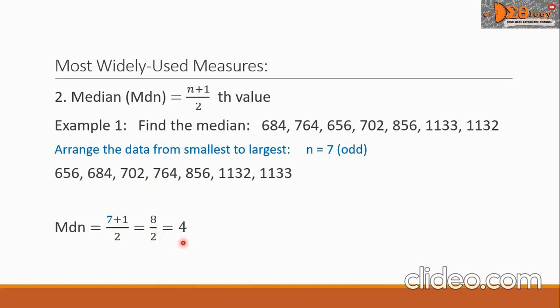This number 4 here describes the fourth value of our arranged data. So, finding the fourth value, this is the first, second, third, and the fourth. The 764, that is the median. This is our final answer.